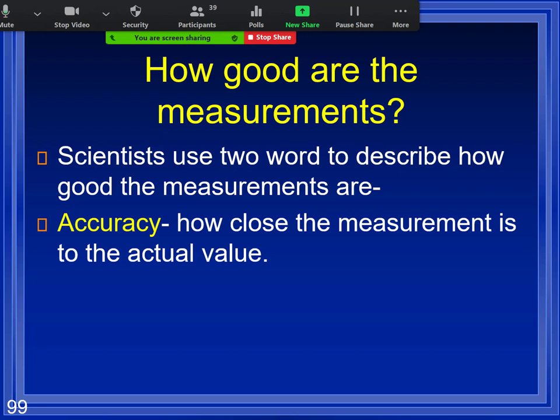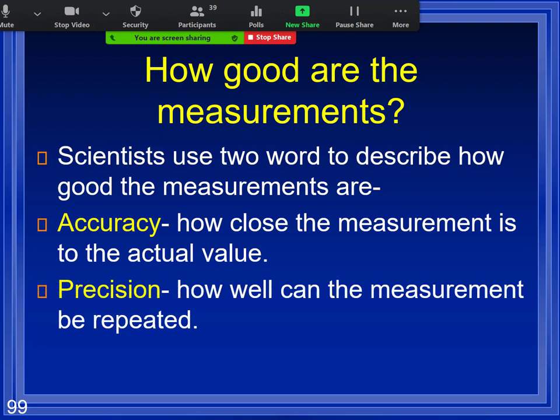They want to measure what the world really is. So if the number is accurate, that means you got it right. The second word they use is precision or precise. And precision is about how well that measurement can be repeated.